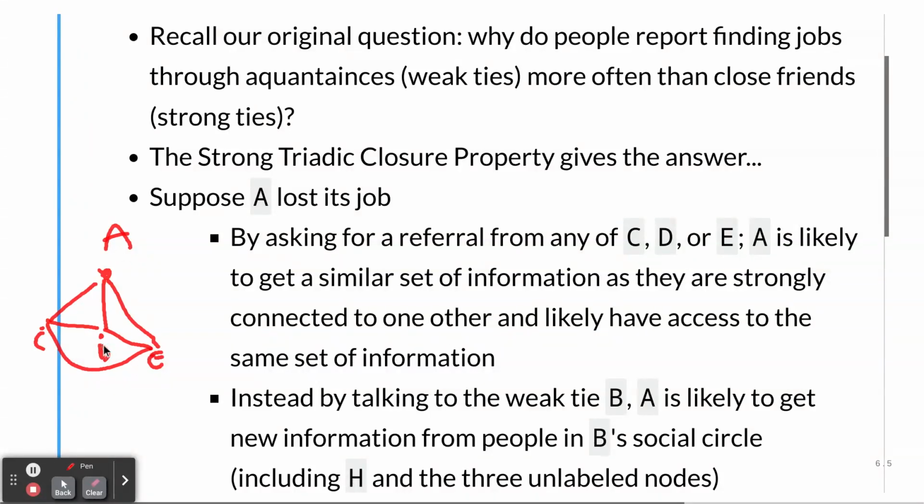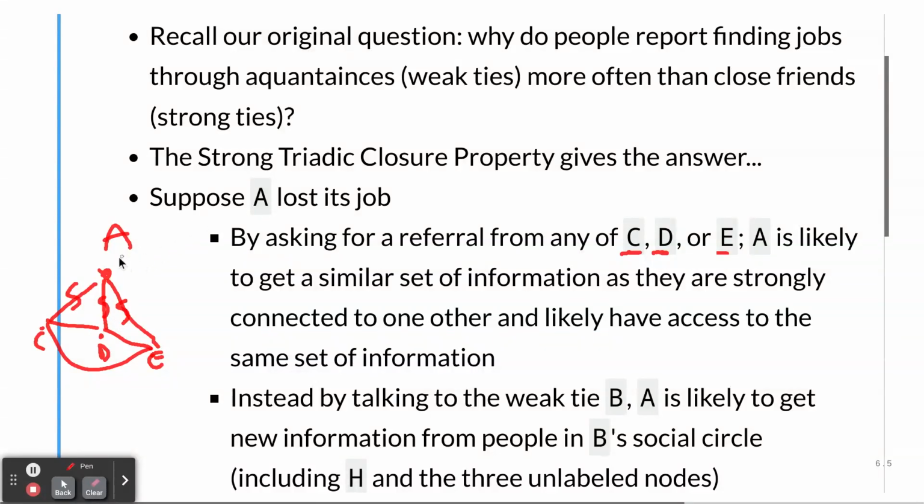If A were to go to D and ask for help finding a new job, because they're part of the same kind of tight knit social structure, and remember, these are all strong connections, it's likely that any information D has is going to overlap significantly with any information that C could give. Same thing about E. So if A goes to C, D, or E, it's likely that A will learn about pretty much the same information.